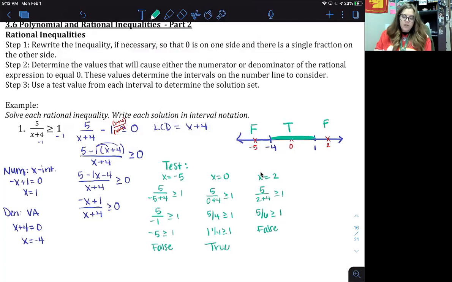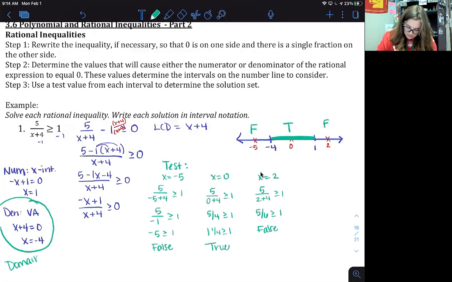And now rational inequalities are slightly different from polynomial ones because we have to be careful about our domain. So I'm going to look back over here, our vertical asymptote, x equals -4. That means in terms of our domain, x cannot equal -4. So normally, because we have greater than or equal to, we would be using brackets, which represent that equal portion.